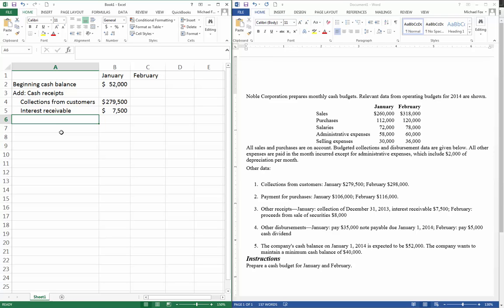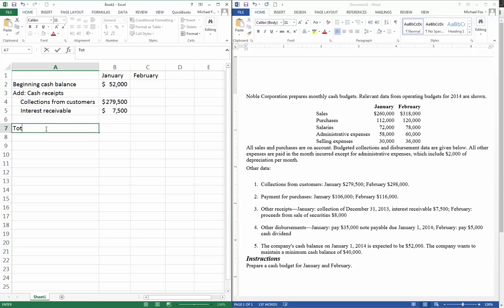Let's see, collection of December 31st interest receivable, $7,500, and collections from customers. And that should be it. So that's all the money they're bringing in January.